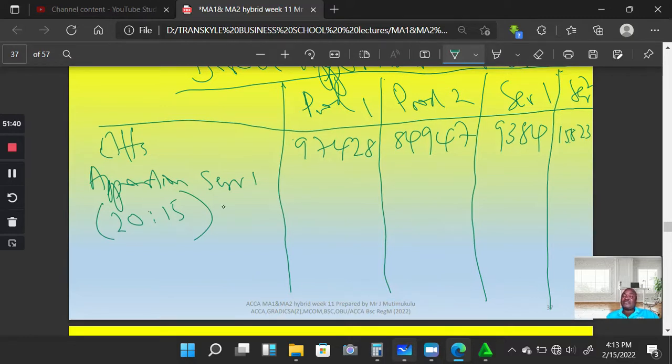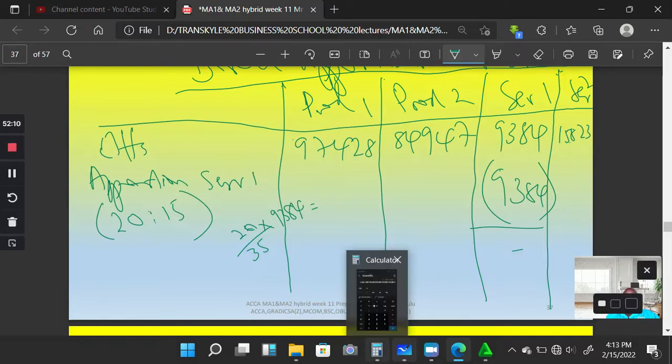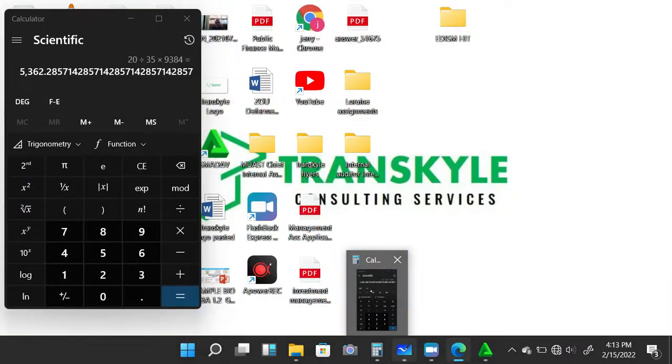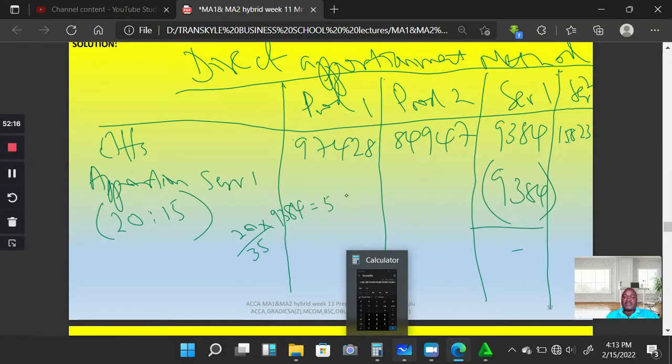The figure here is found by 20 over 35 multiplied by 9384, because we are apportioning 9384. We did the calculation, and how much did we get? That's 5362. That's the figure there.